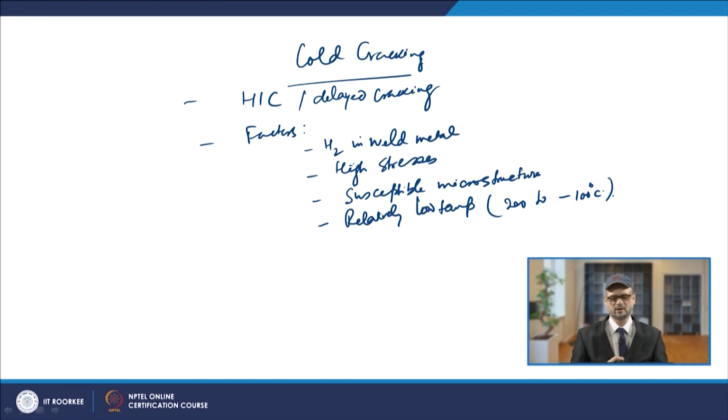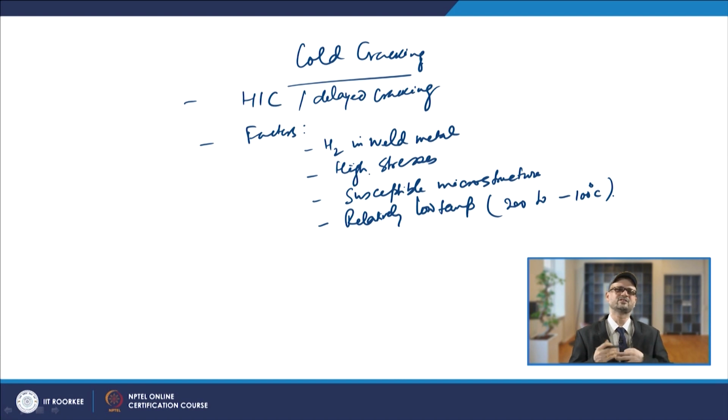Normally there are many constraints, like heat input constraint, or other constraints that induce high stresses. One is the presence of hydrogen, so that has to be minimized. Then you have high stresses, especially when martensite is formed.